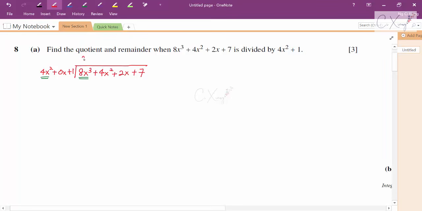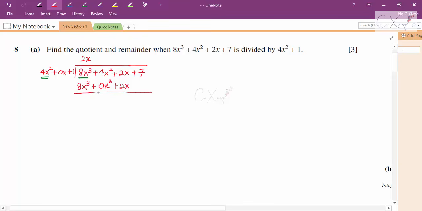I should have 2 times 4 become 8 and then x, so that x times x squared becomes 8x power 3. Once you decide that this is 2x, besides multiplying with the 4x squared, you also need to multiply with the second term, which is 2x multiplied with 0x, and you are having 0x squared. Then 2x multiplied with 1, you are having 2x also.